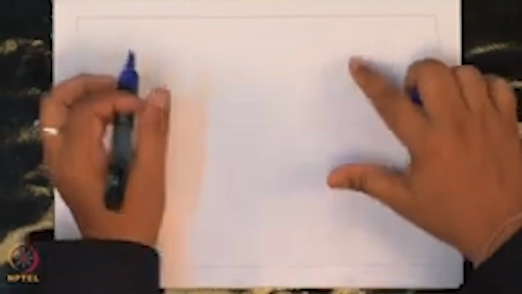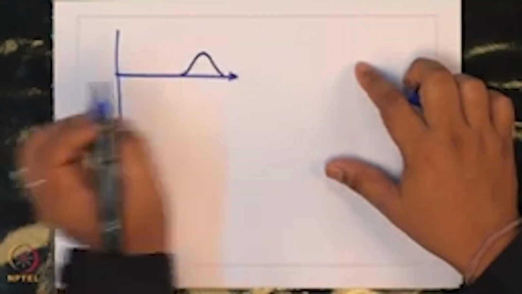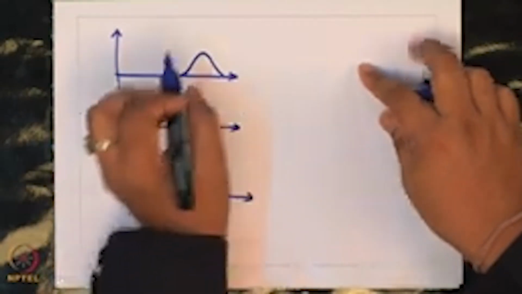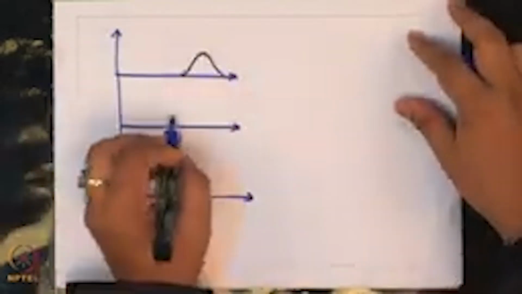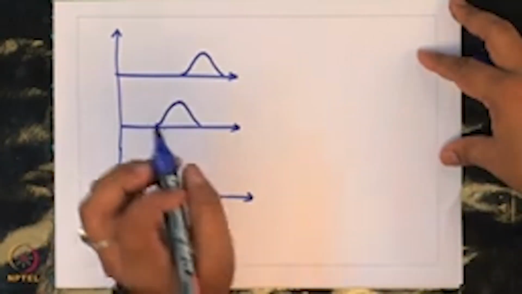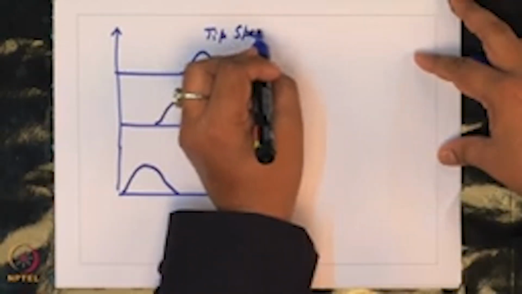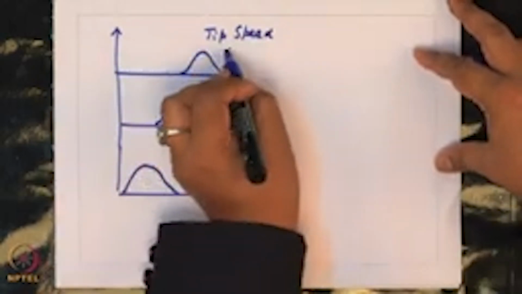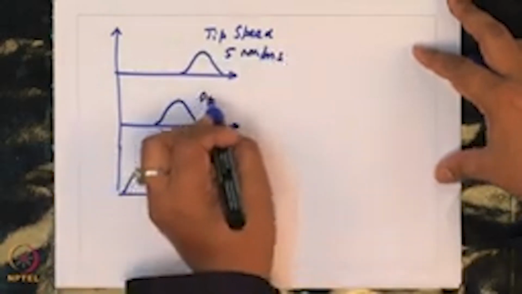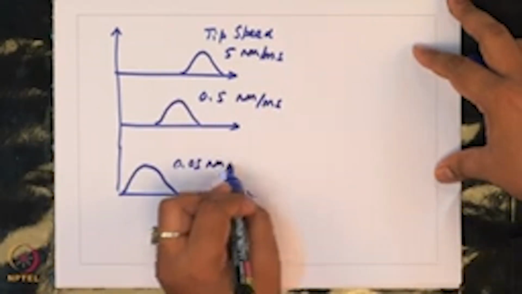More often than not, what you will see is this, at a given tip speed. What you are changing is this tip speed. So, if this is, let us say, 5 nanometer per millisecond, this is 0.5 nanometer per millisecond and this is 0.05 nanometer per millisecond.